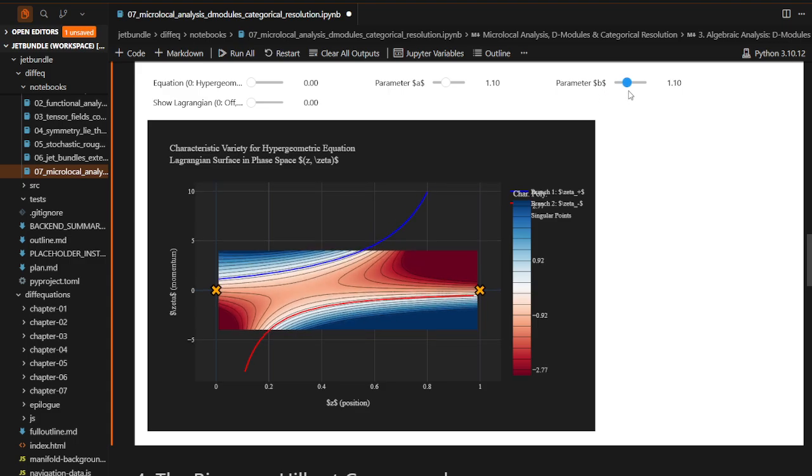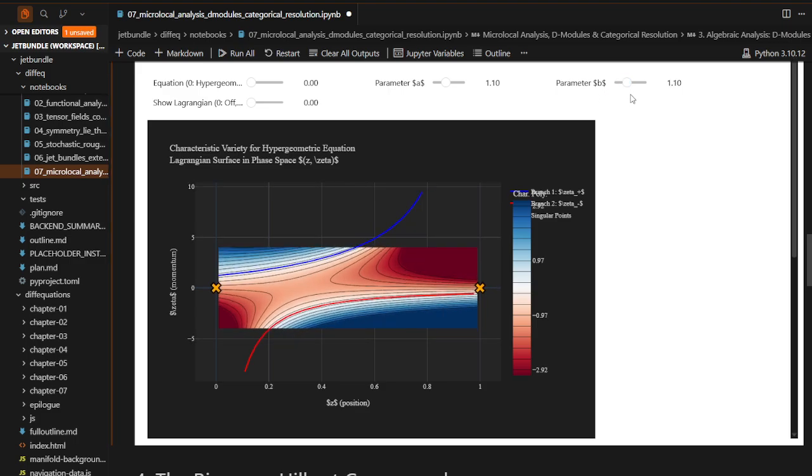Given some parameters A and B, let's take a look at what's happening here with these branches. The characteristic variety is the zero set of the principal symbol, and it would be a Lagrangian.